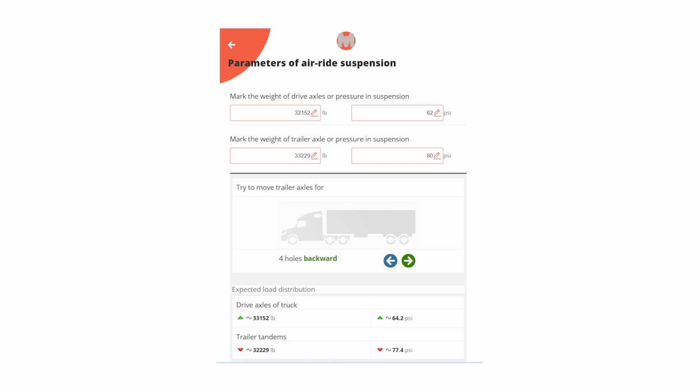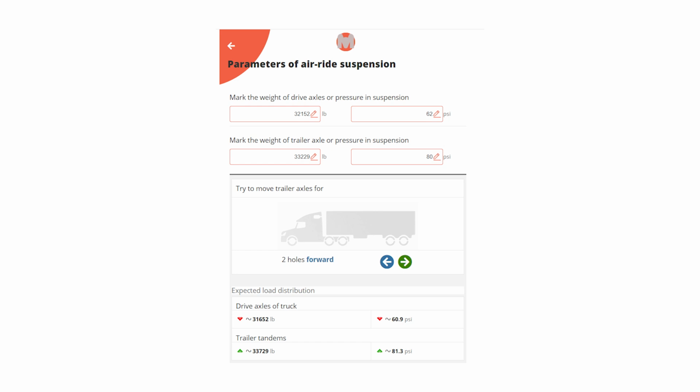Or next step, I place the trailer axle closer to the front on the next picture, so the truck will have more maneuverability.